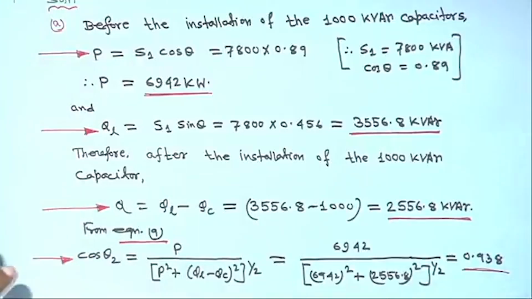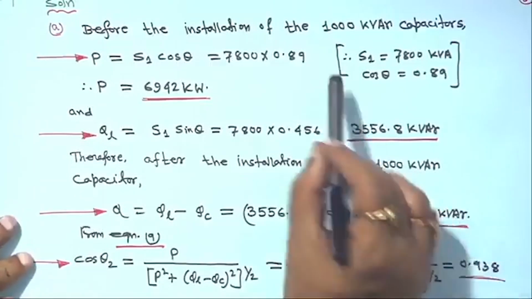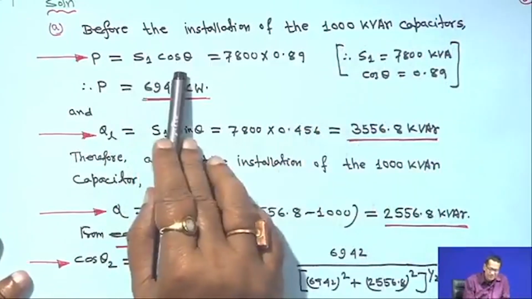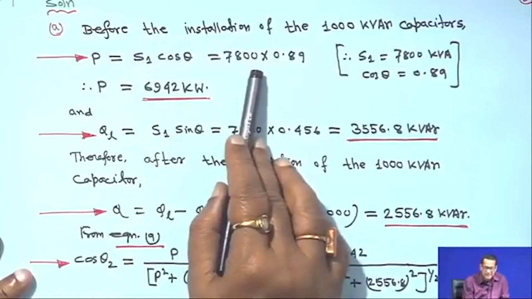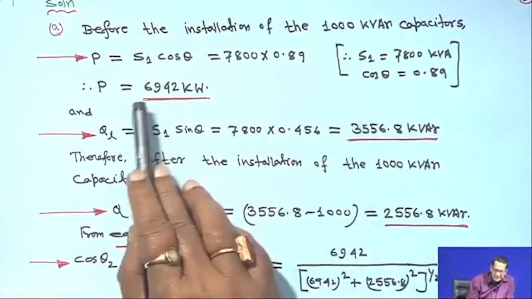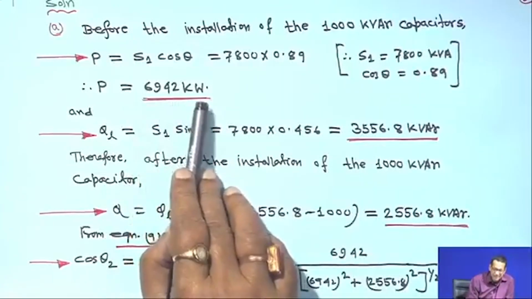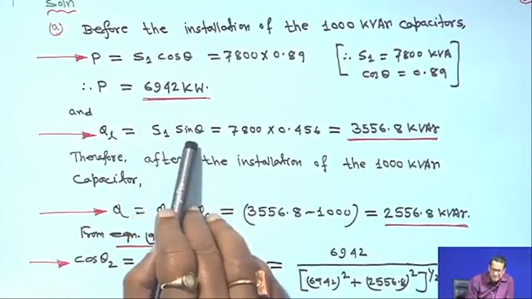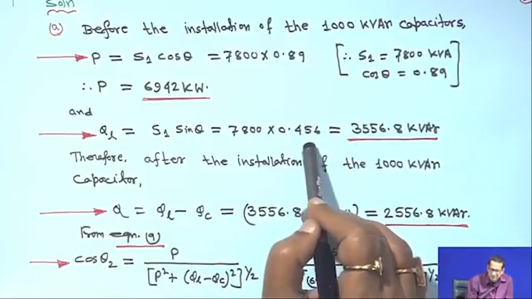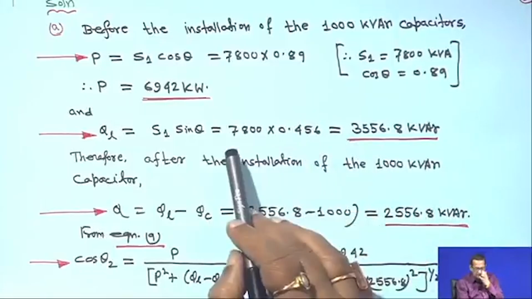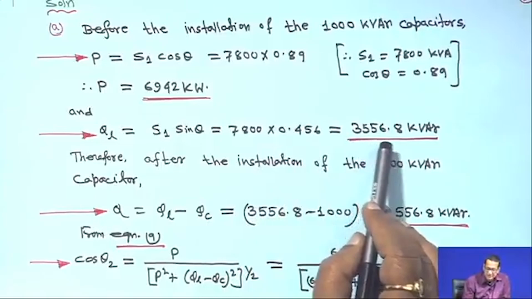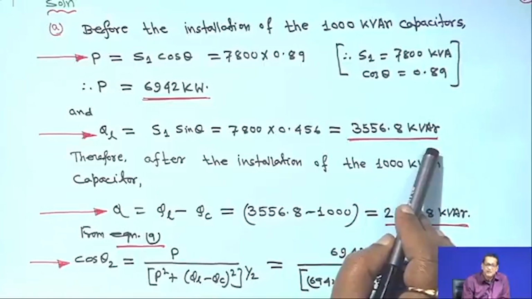So, in this case, before the installation of the 1000 kilovar capacitors, P is equal to S1 cos theta, given as 7800 kVA into 0.89. P is equal to 6942 kilowatt. Therefore, QL will be S1 sin theta. So, cos theta is 0.89, so sin theta will become 0.456. So, 7800 into 0.456 is 3556.8 kilovar.